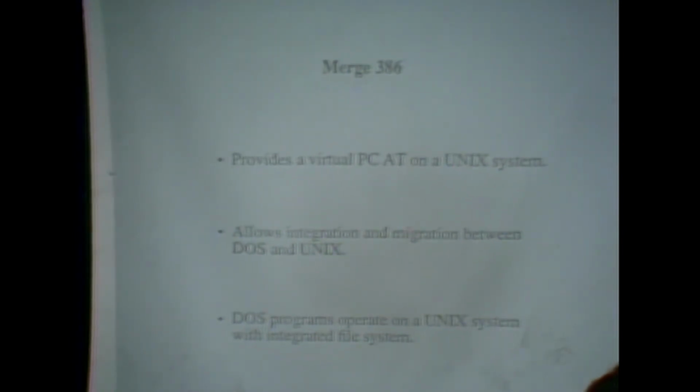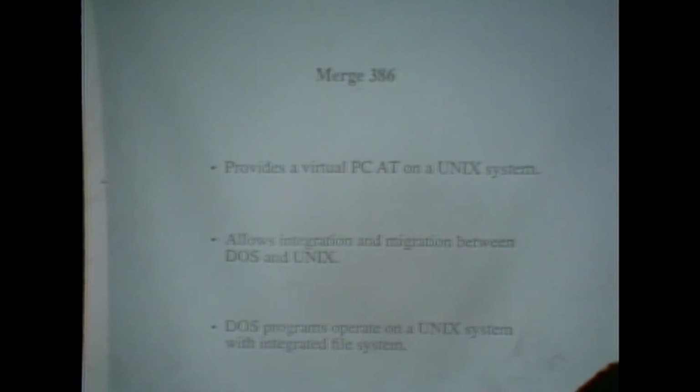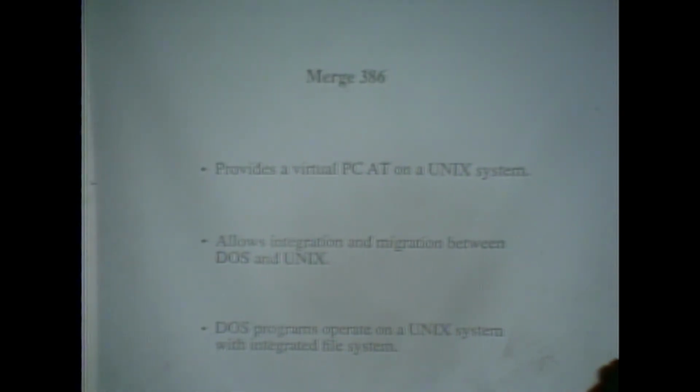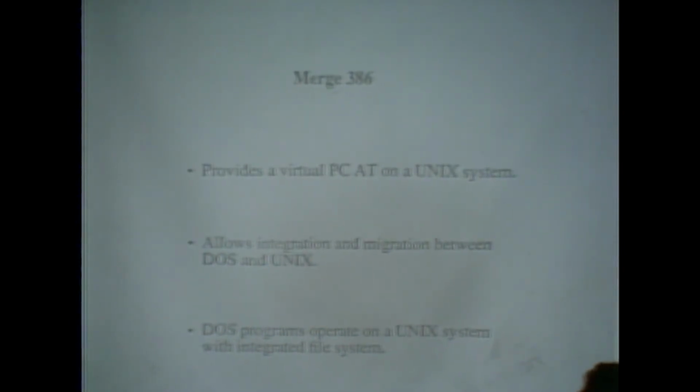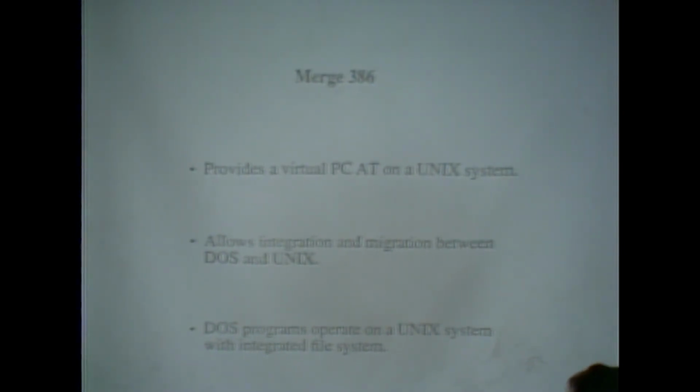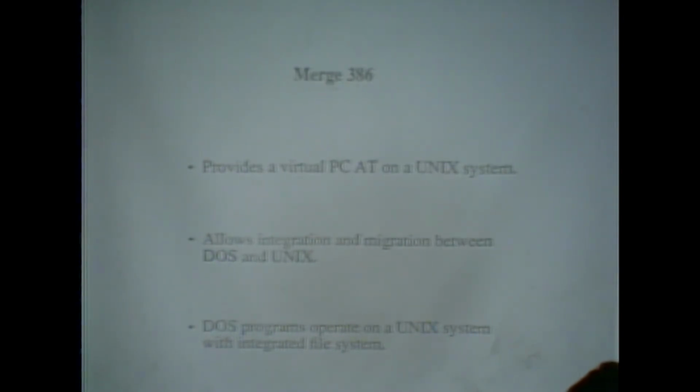The product allows integration and migration, allowing people to grow up into Unix and still carry over their favorite applications and the things they're used to. Or for people that don't want to leave DOS, it allows them to use the DOS environment on a Unix system.